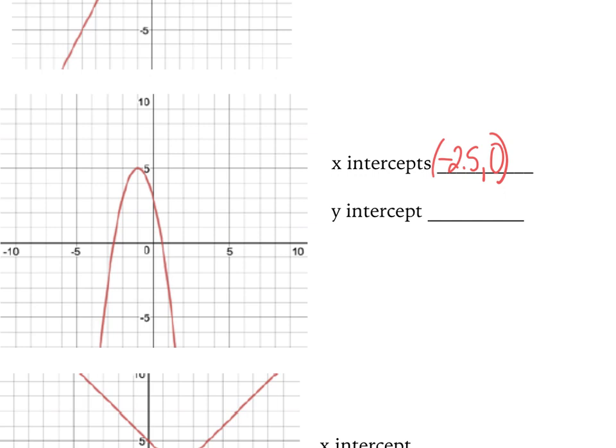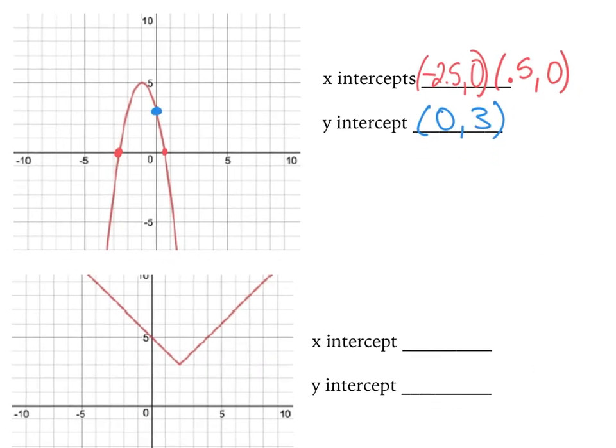That's the point, negative 2.5, 0 right here. And then 0.5, 0, good. Or if you put a different decimal, you might have done like 2/3 or something. But those are my 2 points. What about my y-intercept? 0, 3, good.